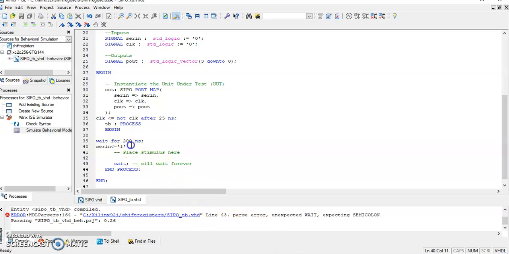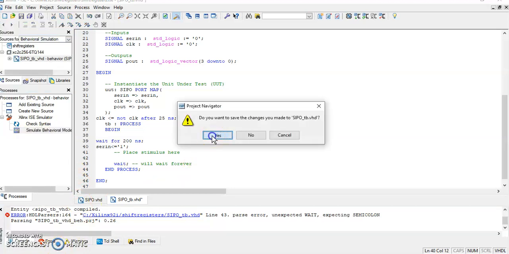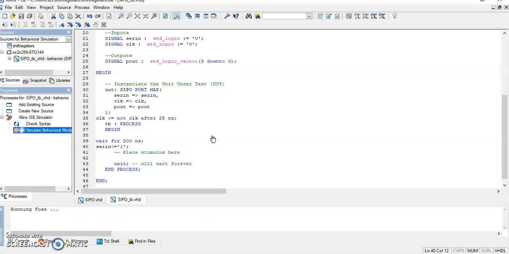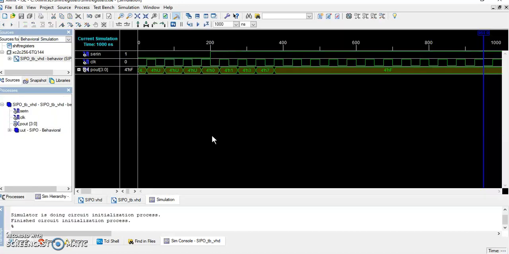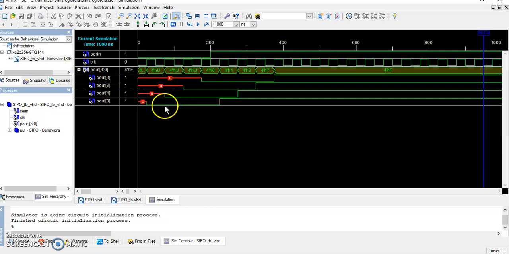Expecting semicolon, yeah. Yes, see, I made my serial input data 1 and it waits for 200 nanoseconds.